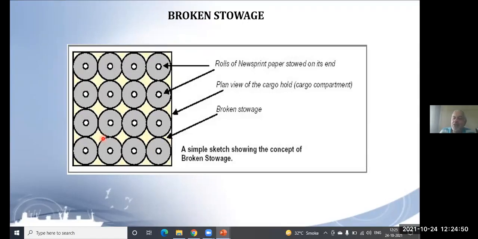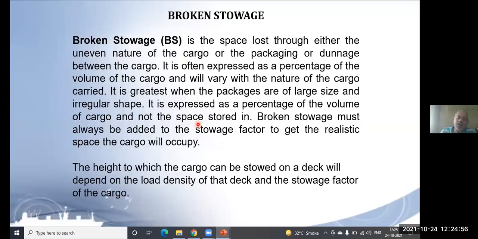So whatever stowage factor you have, this broken stowage is expressed as a percentage of the stowage factor. Suppose the stowage factor is 1, and suppose the lost space is also 1. Then broken stowage is 100%.